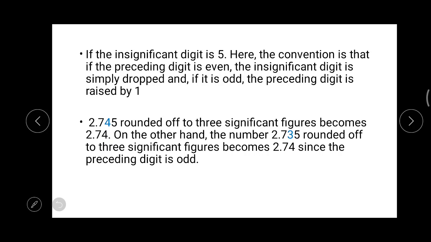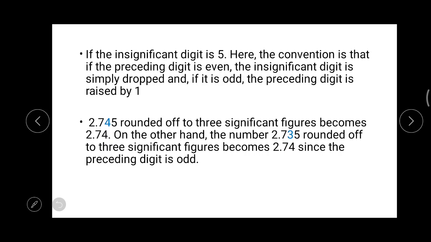What change should we do in the preceding number, whether it will increase or decrease, or if any other changes will be there. If the insignificant digit is 5, the convention is that if the preceding digit is even, there will be no changes, and if it is odd, then it will be raised by 1.